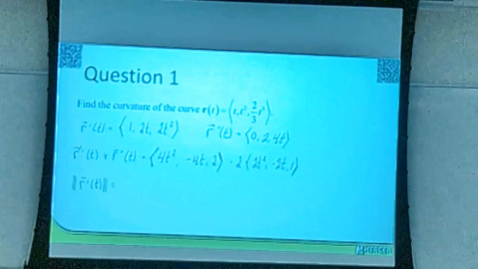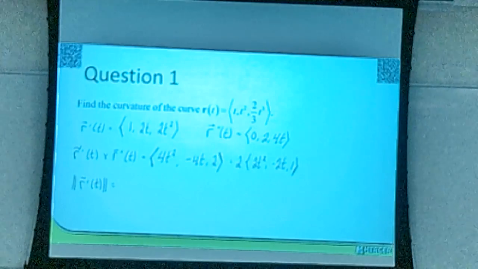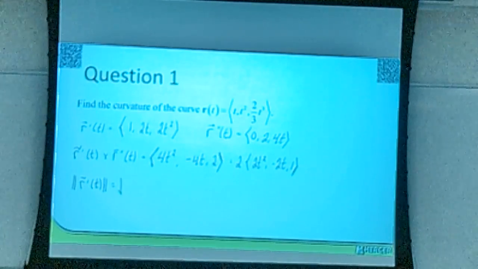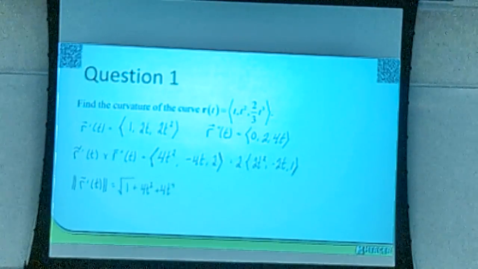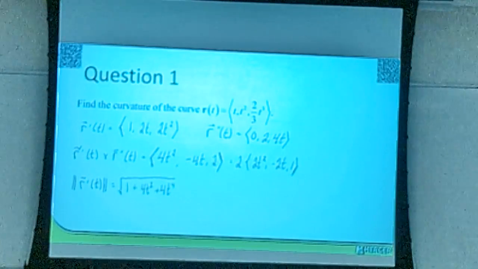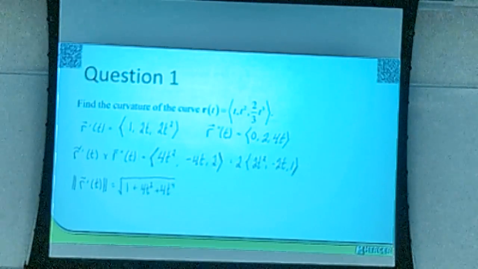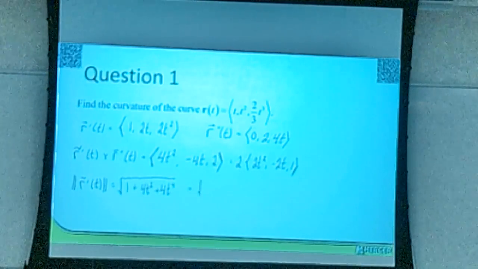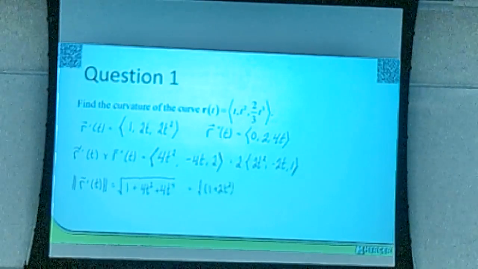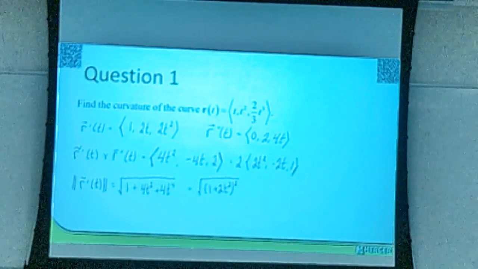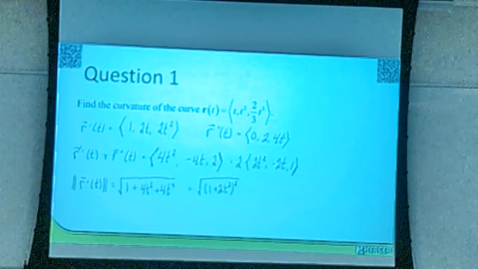First, find the magnitude of r prime, because we're going to need that. Square root of 1 plus 4t squared plus 4t to the fourth, which can be simplified. 1 plus 4t squared plus 4t to the fourth is a perfect square binomial.